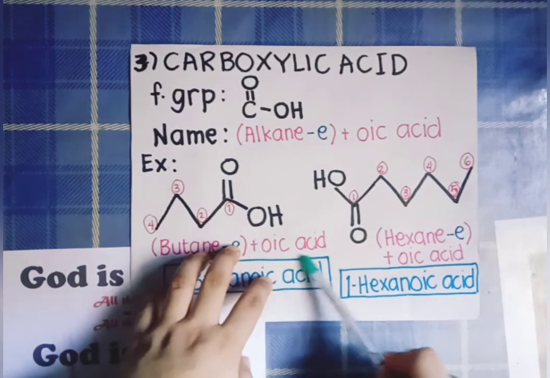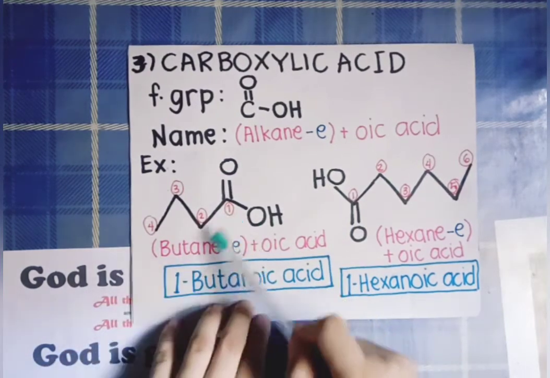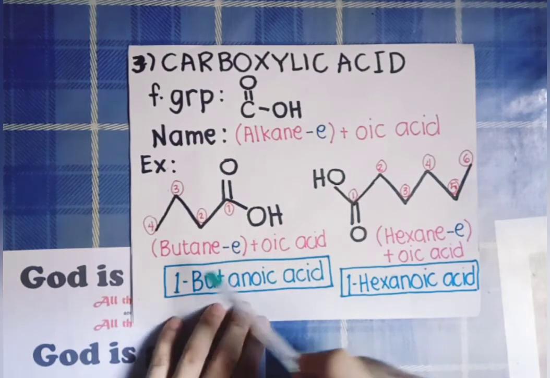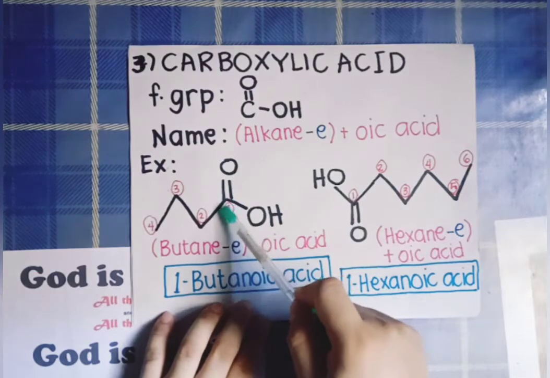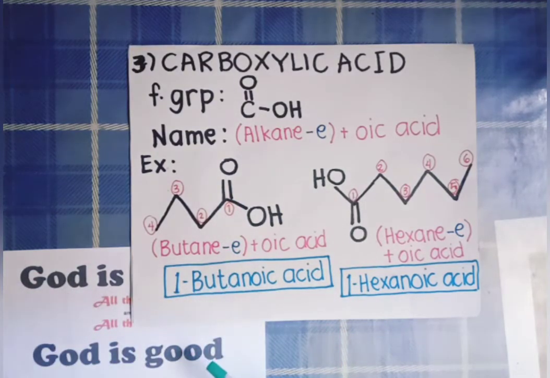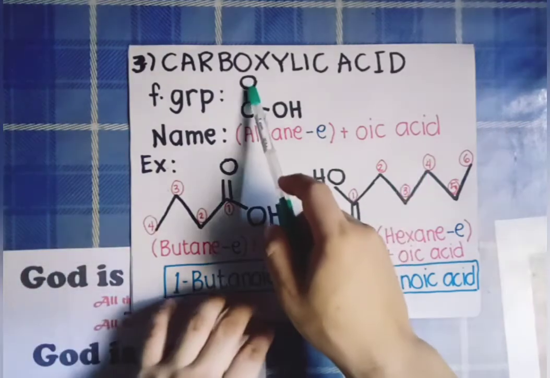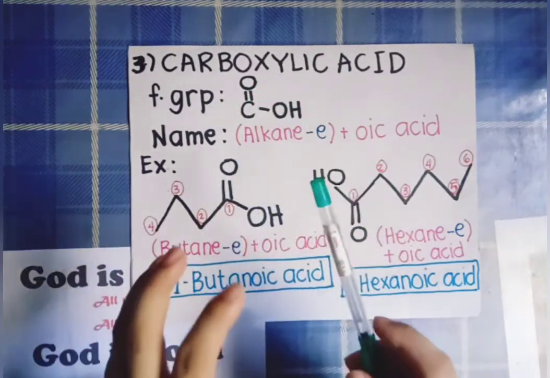Our suffix here would be oic acid, and therefore the name of this compound is 1-butanoic acid. 1 because our C double bond O here can be found at carbon number 1. Now take note that in carboxylic acid, the carbon that bears the C double bond OOH or the carboxylic acid group will always be the carbon number 1.